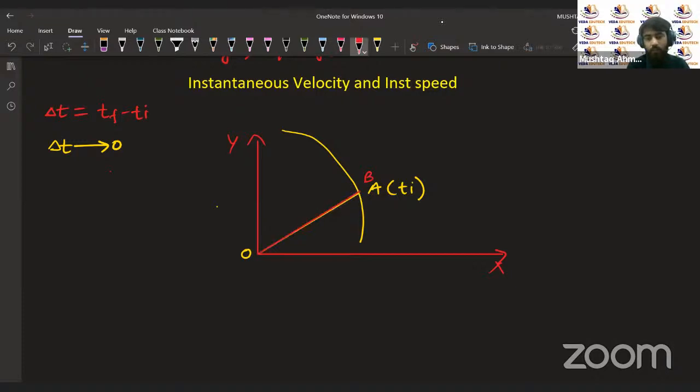Now this chord AB becomes the tangent at point A. So this is the tangent at point A.